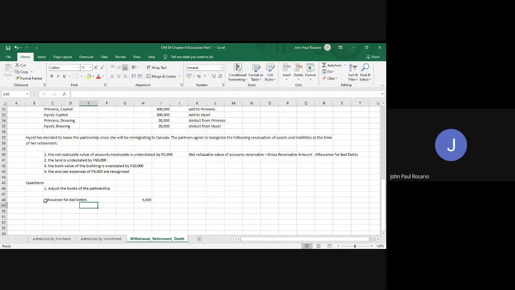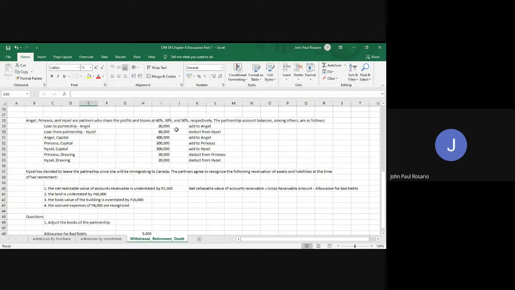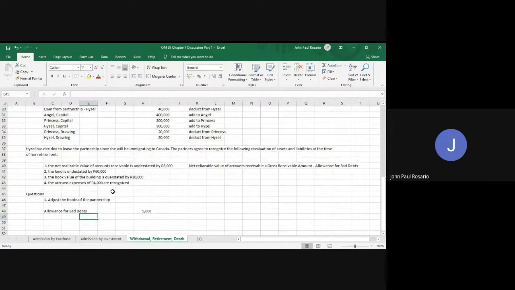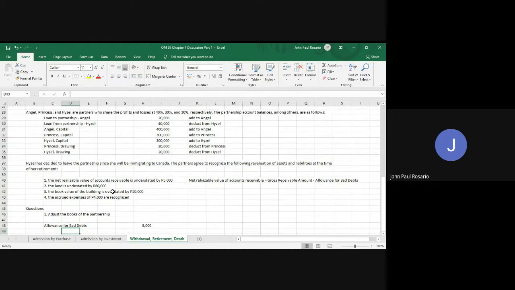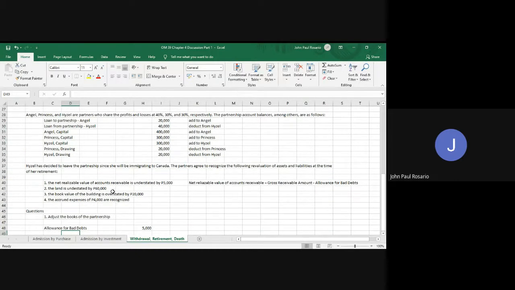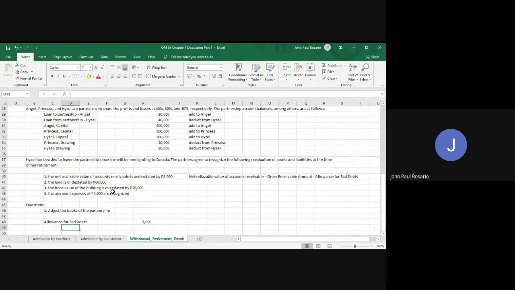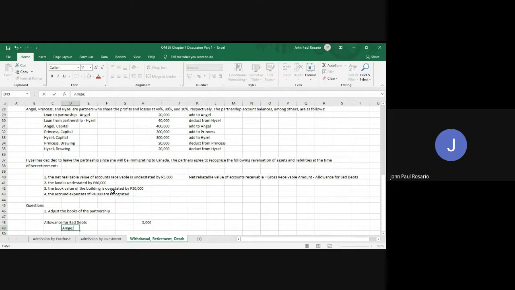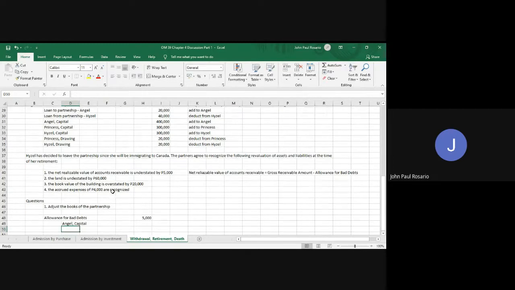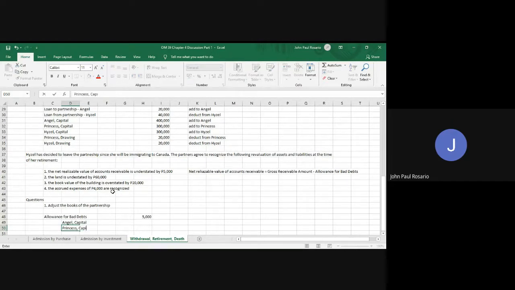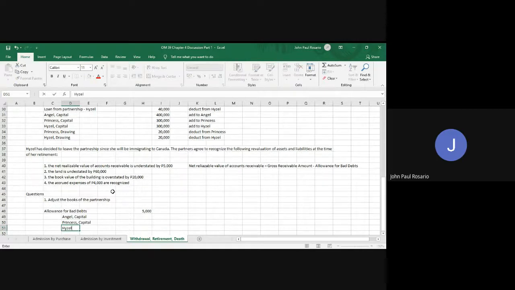Now, how do we divide the 5,000? We use their profit and loss ratio. Any adjustment at this time will be directly credited to the capital. It doesn't pass through the income statement, but is directly credited to the capital, in case of retirement or death. So we have Angel Capital, Princess Capital, and Hazel Capital.